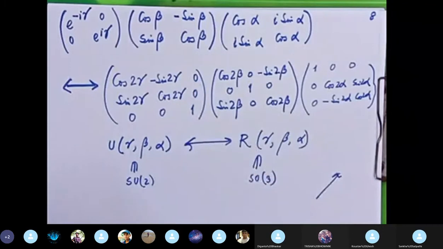Now, if you want to encompass the entire 3-dimensional space just by rotation, your alpha, beta, gamma are continuous parameters. Over how much range do you have to vary alpha, beta, gamma to encompass the entire space? Can you tell me?